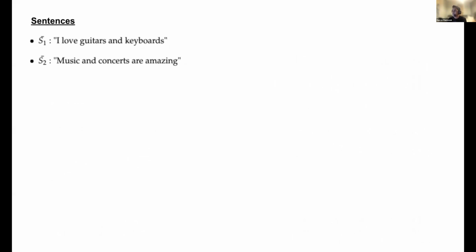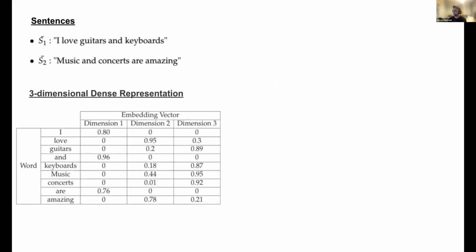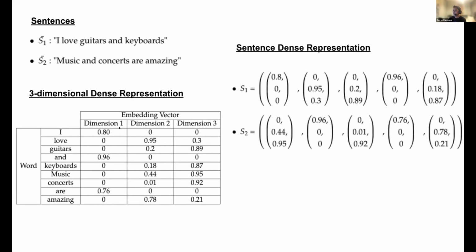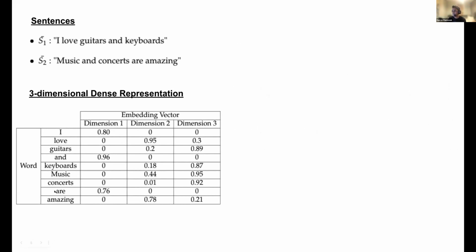So let's look at how we would represent these two sentences using a dense representation. Each word in the dictionary is now represented, in this case, by 3 numbers. Just looking at the dictionary, this embedding vector lookup table here, if we look at the word guitars, in dimension 1 you have a low value.